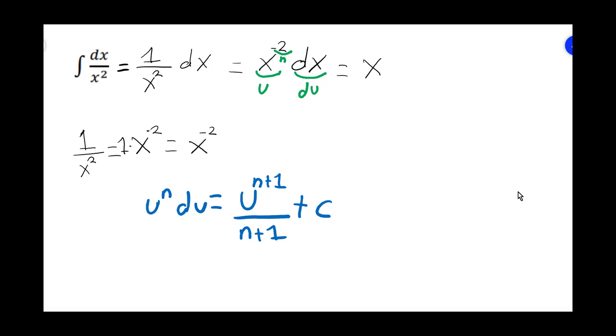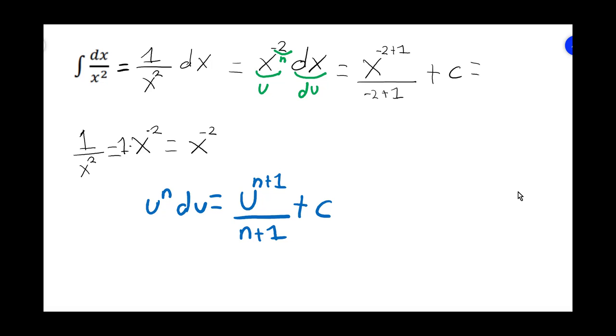We're going to add 1 to minus 2, and we're going to divide everything by the same thing that we got up here. So it's going to be minus 2 plus 1, and we add the constant of integration, right?